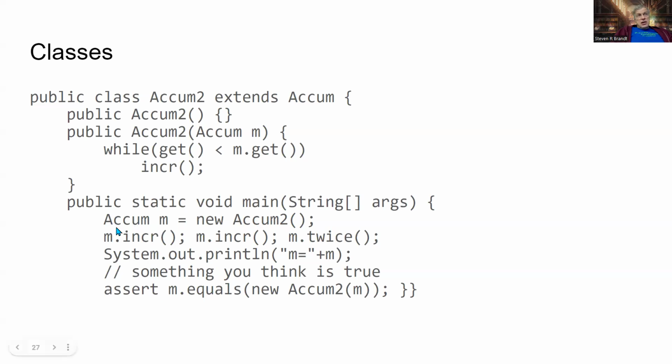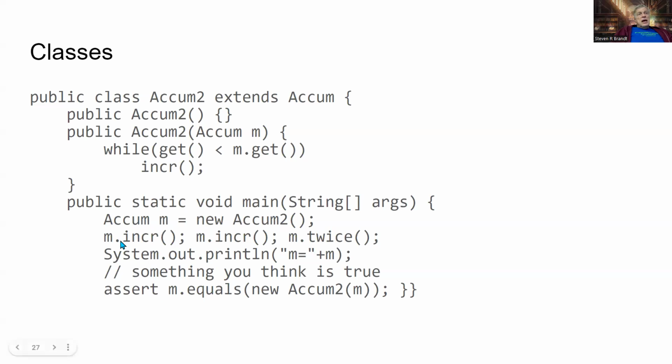So you can say that a Siamese is a cat, but you can't say a cat is a Siamese. A cat might be a Siamese, or it might be an Abyssinian, or whatever. So you can always assign data of a subclass to a variable that has the type of a superclass.